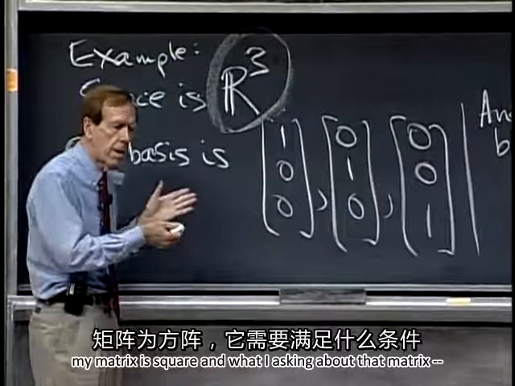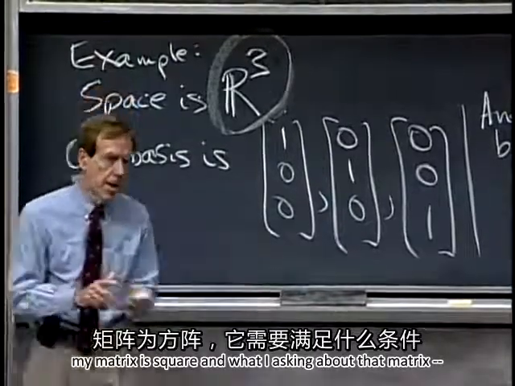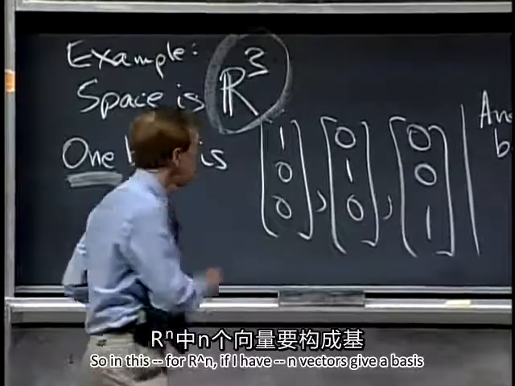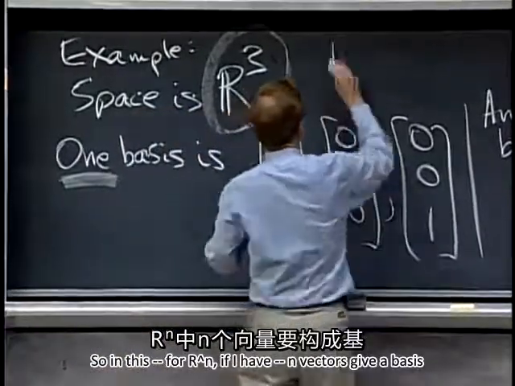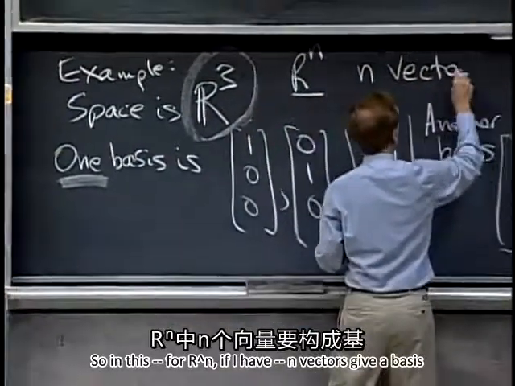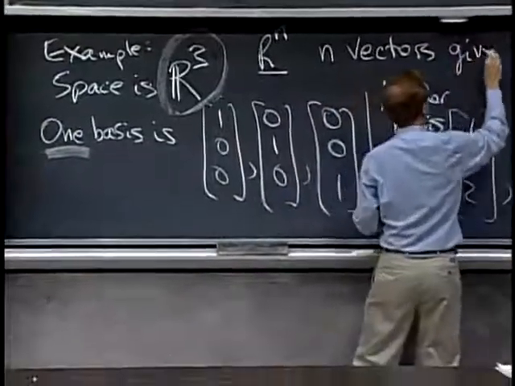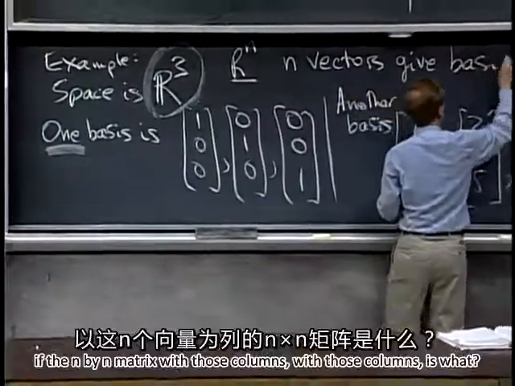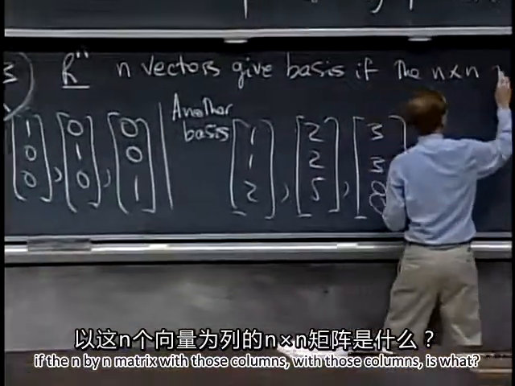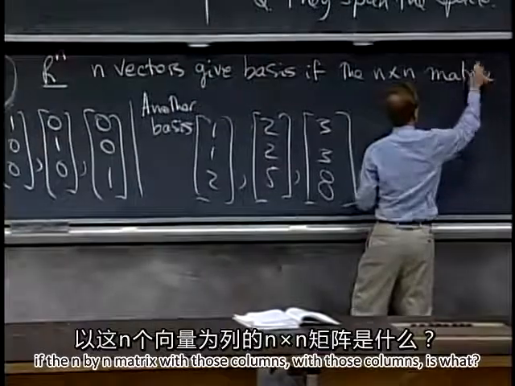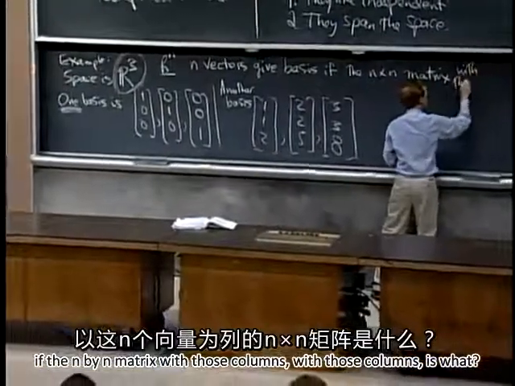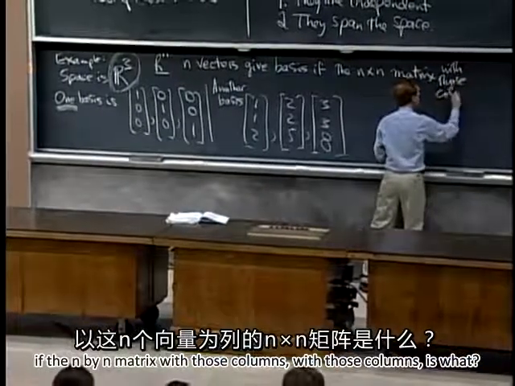In Rn, if I have n vectors, what am I asking about the n by n matrix with those columns for them to be a basis?